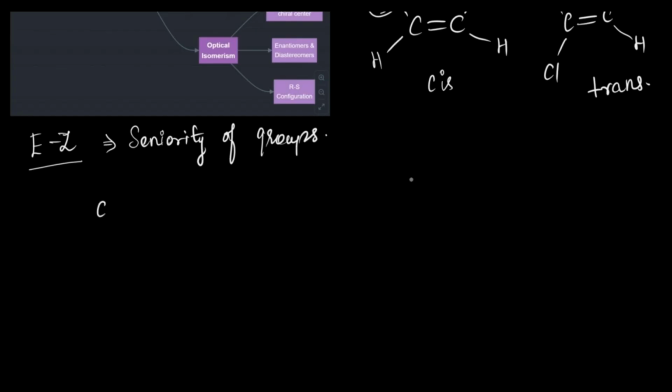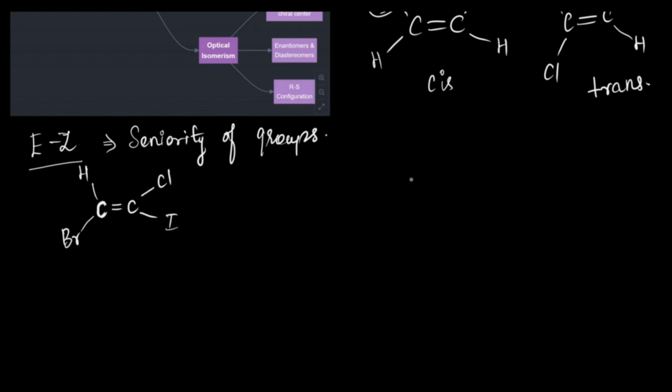Say for example, if I am having Cl, I, H and Br. Let's take one carbon and consider these two substituents, hydrogen and bromine. Among these two, which is having the highest atomic number?